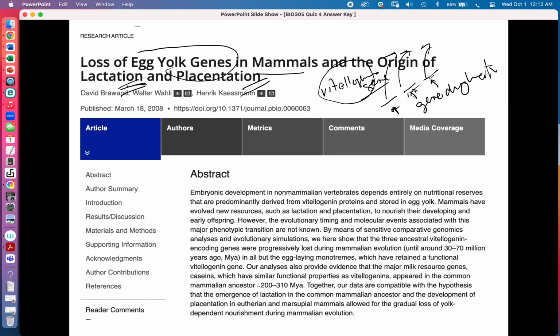This can make yolk protein, vitellogenin, 3 times as fast as an ancestor that just had one gene. So it's a little set of paralogs, a little gene family, and the genes haven't really diverged very much. They're all doing the same thing, which is just making proteins that'll be nutrients. Okay, so that's just one note.